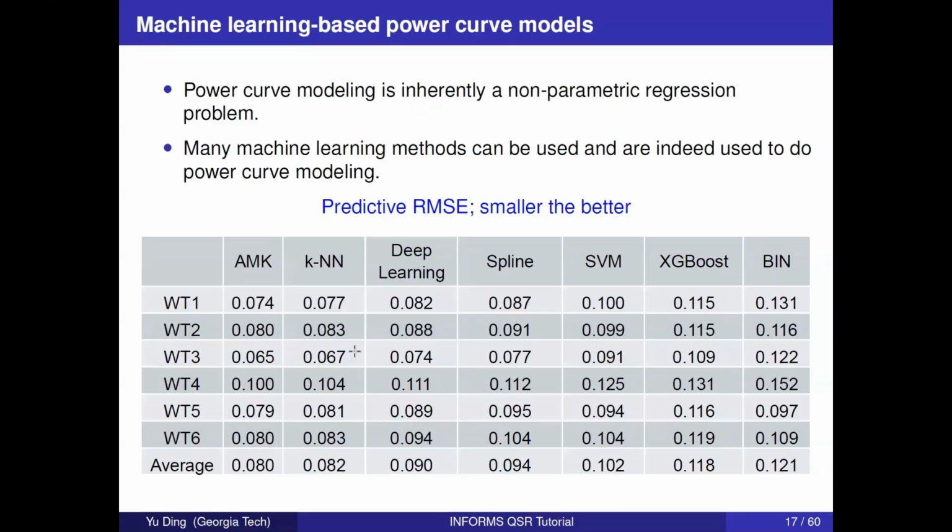And in the package we produce, we use one set of data. If you repeat this on another set of data, you would probably see the ranking be a little bit different. But the binning, the last column, is almost always the worst performance, right? We compared with a bunch of different machine learning methods: a kernel method, KNN, one form of deep learning, smoothing spline, support vector machine, the tree method, and so forth, right?